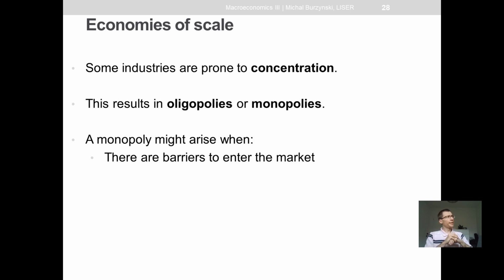Then let's discuss what features would make the monopoly arise. And this is a short repetition from your microeconomics class. Of course, barriers to enter the market, for example, the technological barriers. So the fact that there are some products which you can produce, but you have to have a very advanced technology to produce them. For example, SpaceX of Elon Musk, the guy who is making money off absolutely everything he touches.